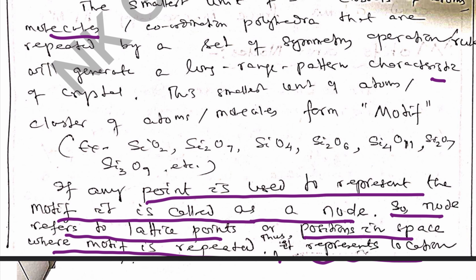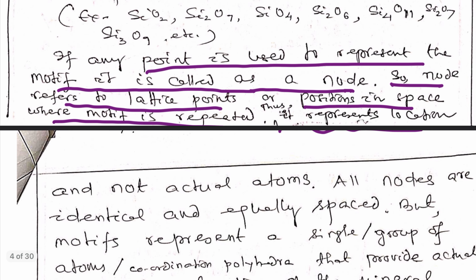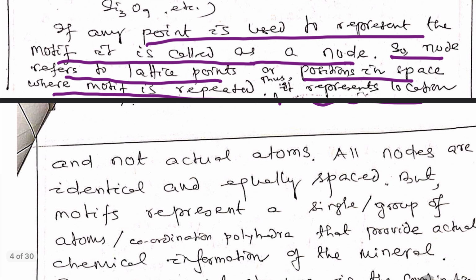Thus, node represents a location where the atoms occur together, and thus node is not the actual atoms, it represents the position where the atoms occur.